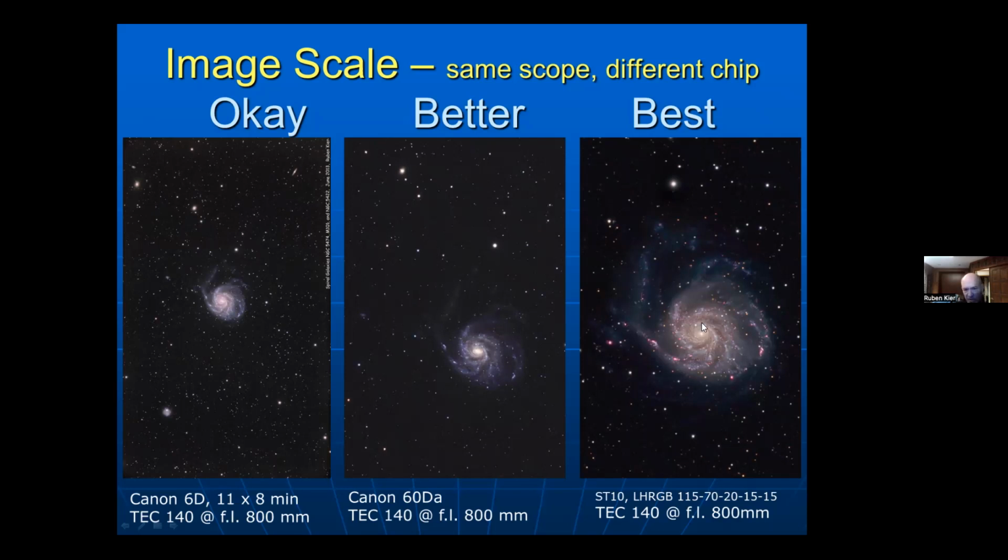If you get in close, you get so much detail. This is using a smaller chip on my ST10. And I think it probably needs a lot more time to get some hydrogen alpha in order to bring out these star forming regions.